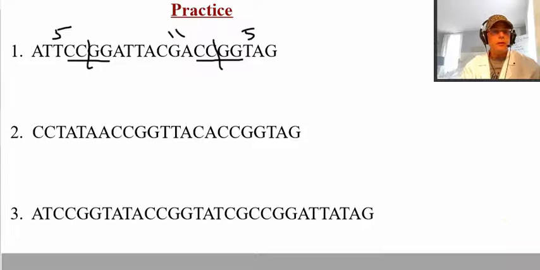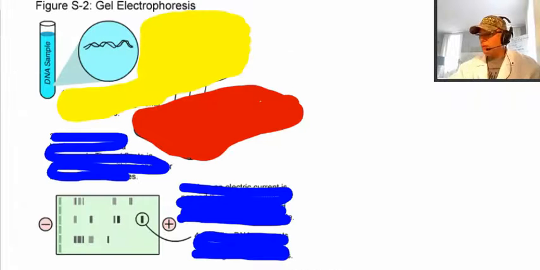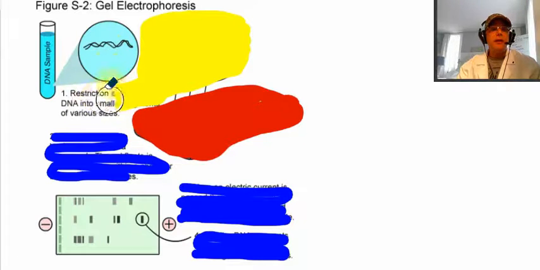And let's go back to the slides that I have prepared. So let's summarize in a couple of ways. We start with a DNA sample. This is what the DNA would look like if you could actually really see it. But we need to cut it into pieces using enzymes called restriction enzymes.